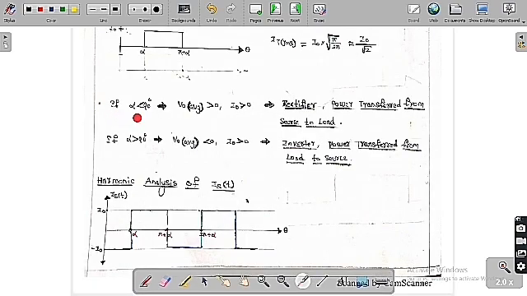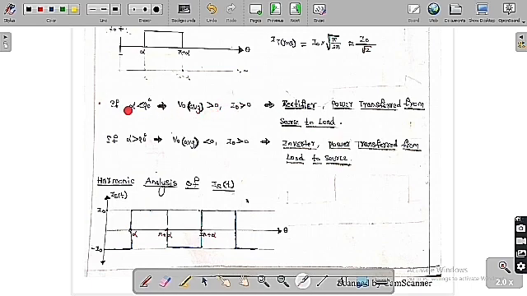Then if alpha is less than 90, I have already told you the average value of the output voltage is always positive, greater than 0, and I naught is always greater than 0. So you can say that here the rectifier transfers power from source to load. The product of these two, the output power, is always greater than 0. Therefore the load is absorbing power from the source, so it is going to act like a rectifier, converting AC to DC.